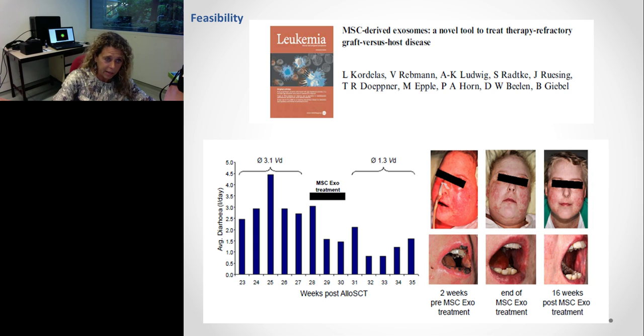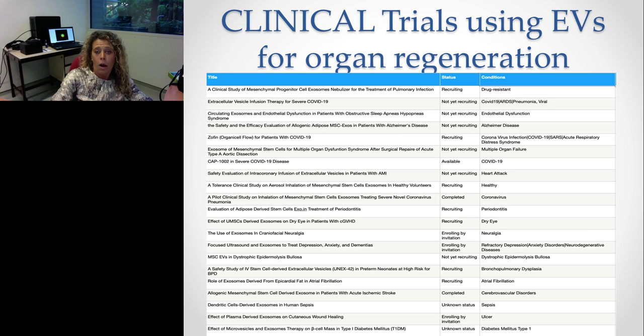Here are the main ones that I found just yesterday. Some of them are recruiting, few are completed, and obviously, if we go on the condition, we might say that lung diseases and COVID-19 related diseases are among the list. That's quite obvious in this period.